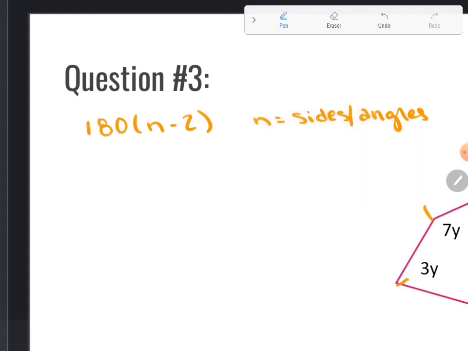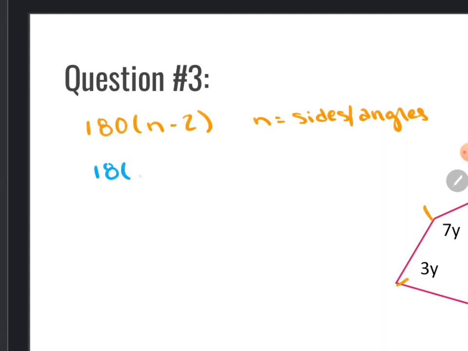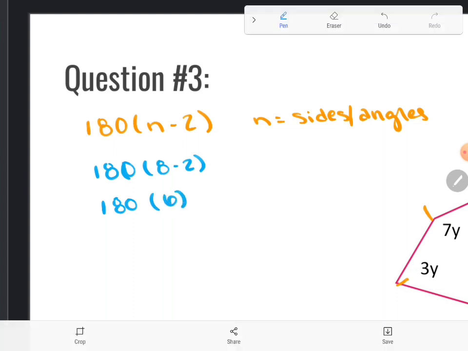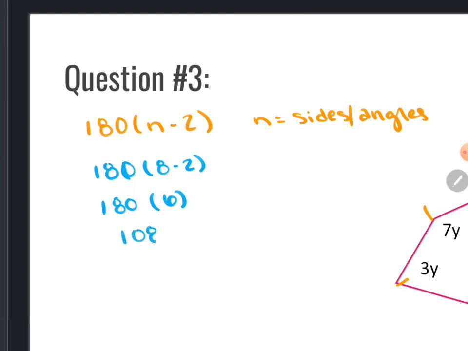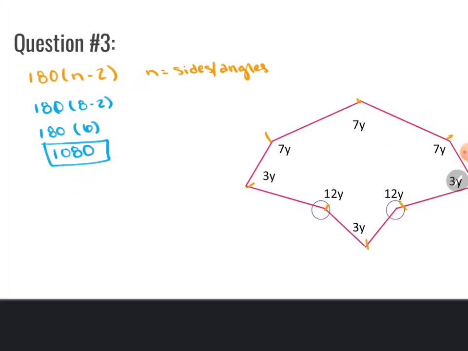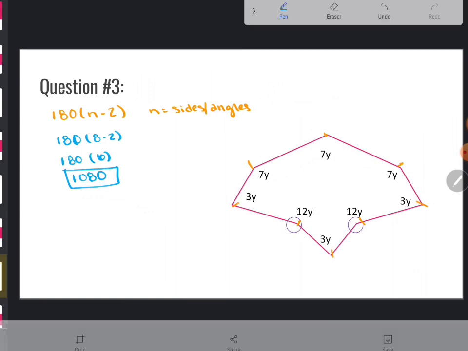So given that information, we can make the equation 180 times n, which was 8, minus 2. 8 minus 2 is going to be 6, and then we just do 180 times 6, which will give us 1080. So our figure should have 1080 altogether when we add up all the measurements.